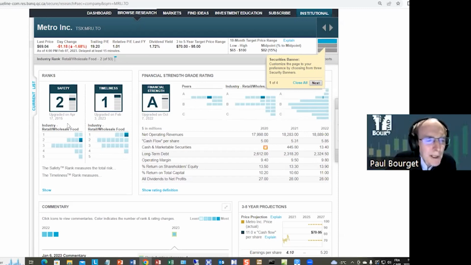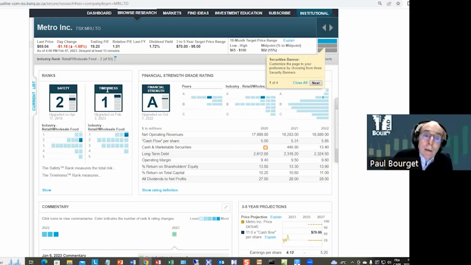So for safety, Metro is considered as having not the best safety degree, but the second best. Timeliness is a rating that tells us if the current price is a good entry price for someone that has a medium to long-term investment horizon.